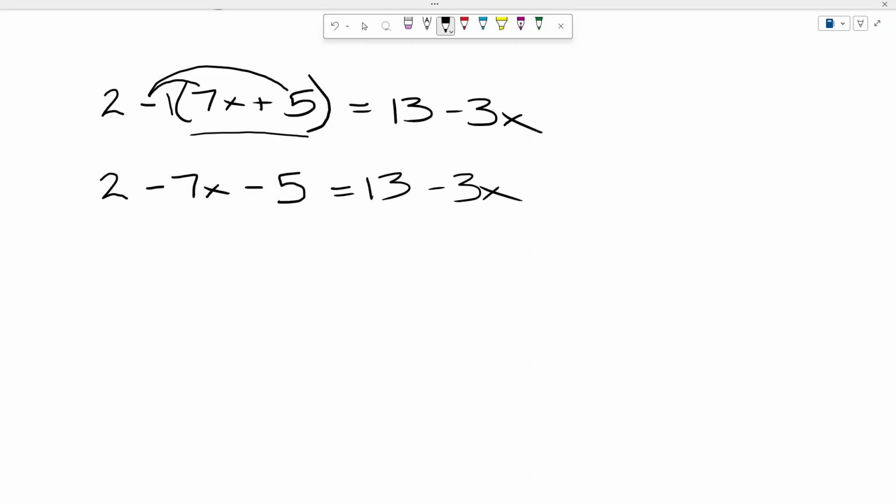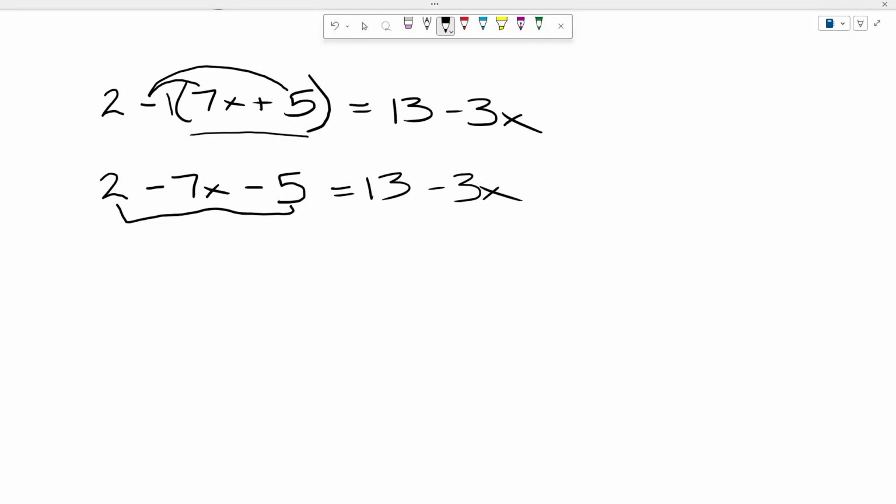All right, so now that we got the parentheses cleared out, we can go back to how we started the last one, and let's combine some like terms. So let's start with the left side, and we can combine the 2 with 5, because those don't have an x variable, so we can combine those like terms.